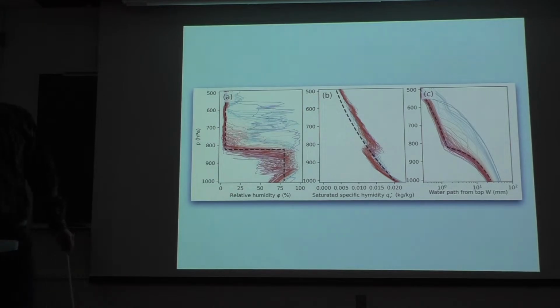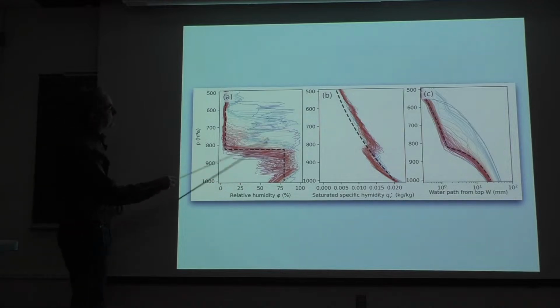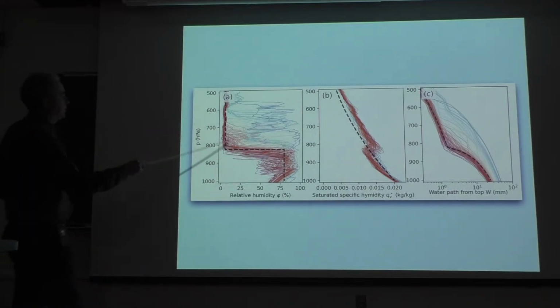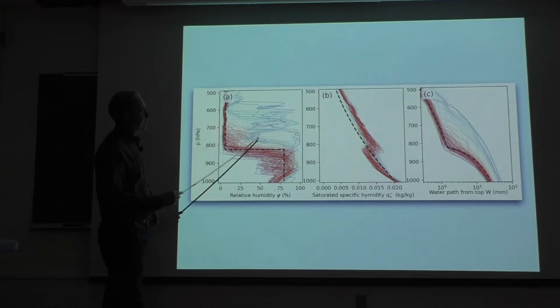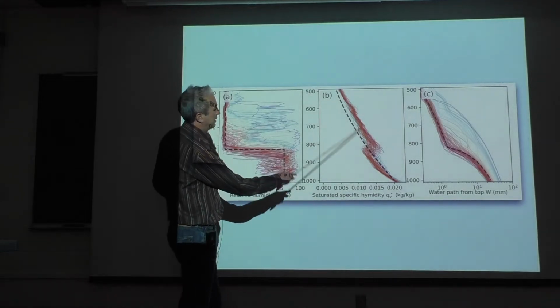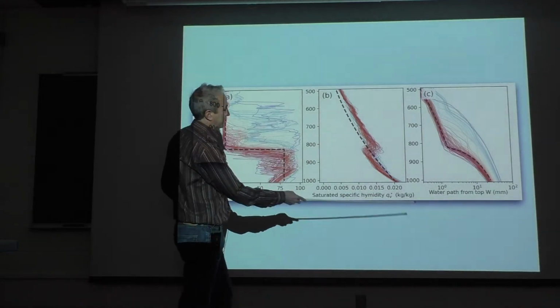So let's examine all of these terms in real soundings. This is, again, just a single day of Eureka. The lines are coded according to the precipitable water. And so here is the relative humidity. Ignore the black for just a second. Here is the relative humidity in all of these soundings. Here is the saturated specific humidity.